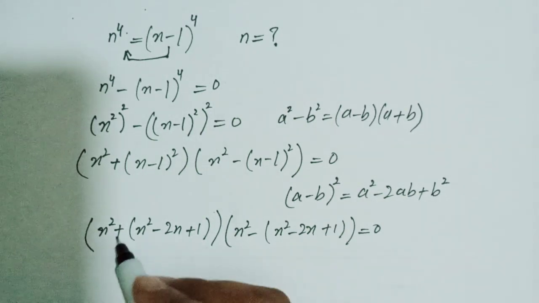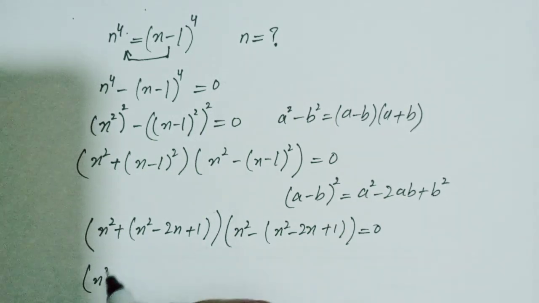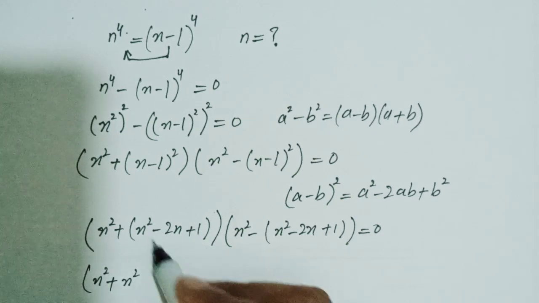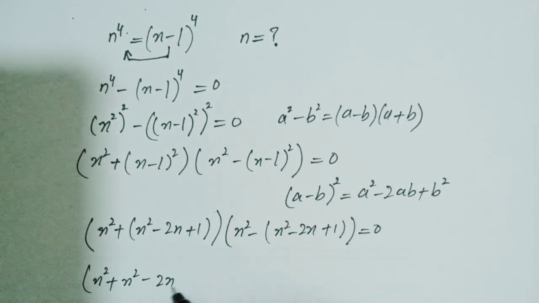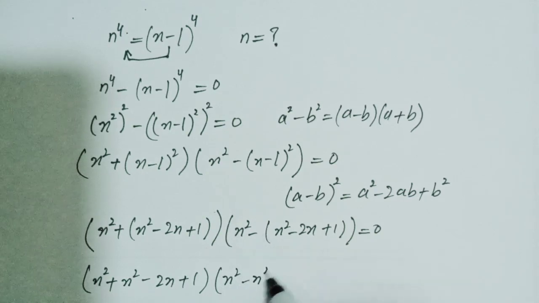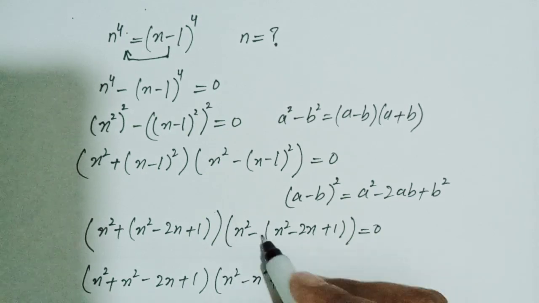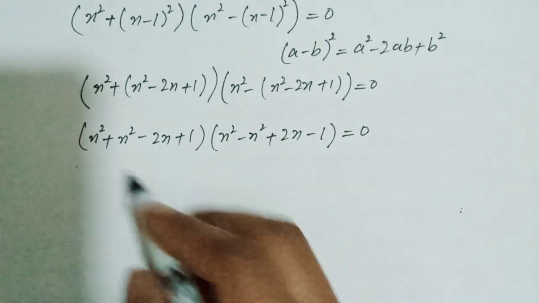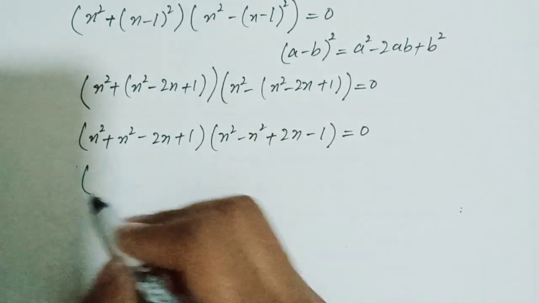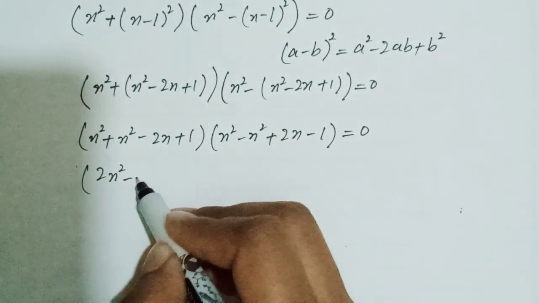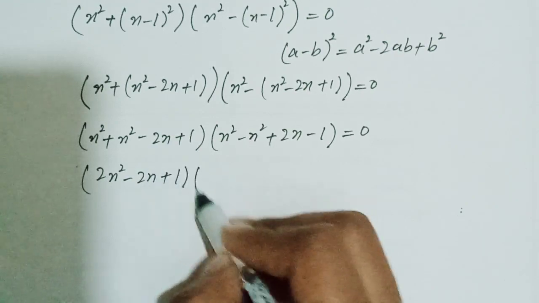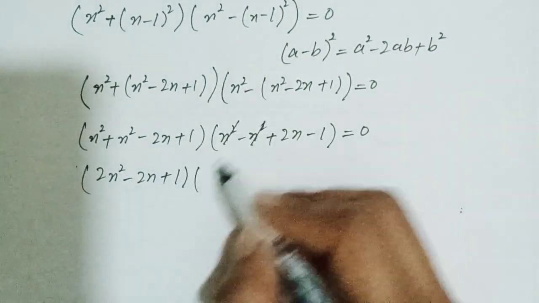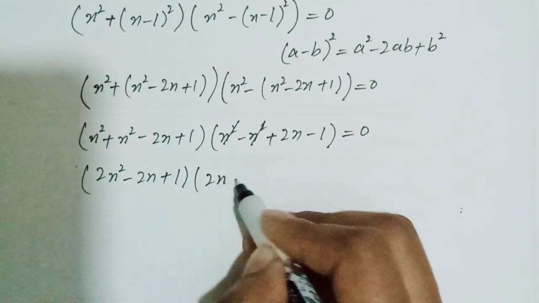So next, let's simplify this. n square plus n square minus 2n plus 1, n square minus n square minus n, minus plus 2n minus 1, which equals 0. So next, n square plus n square is 2n square minus 2n plus 1, and n square and minus n square cancelled, 2n minus 1.